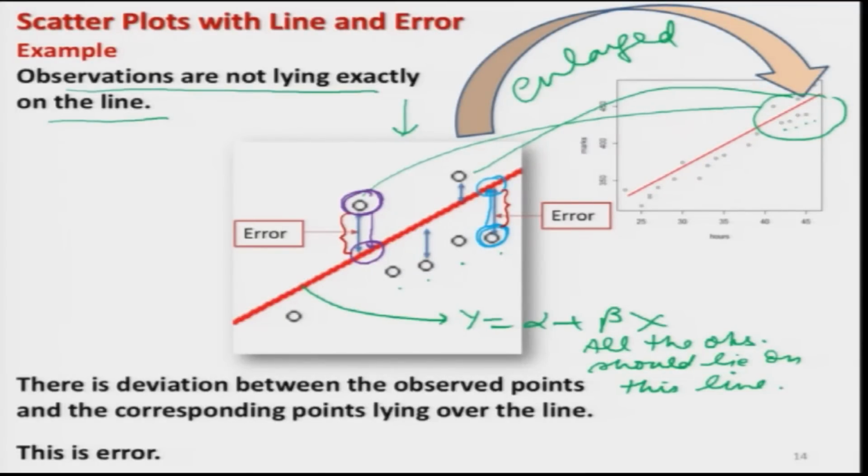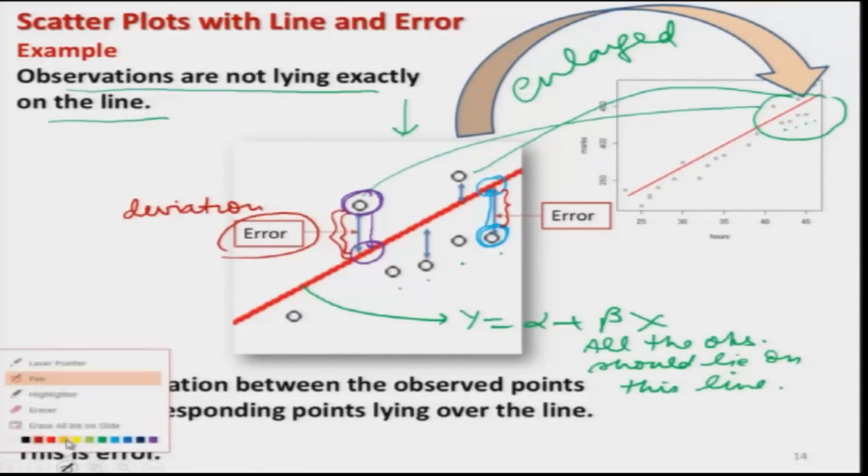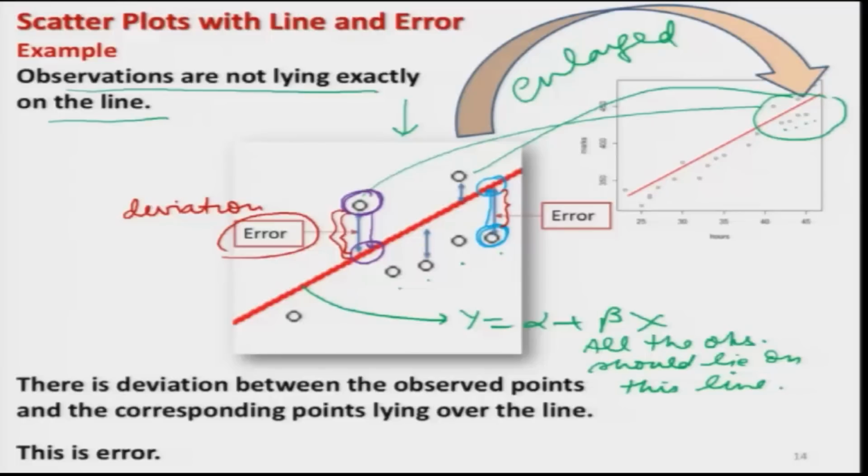And the deviation between this point and this point indicated here is a sort of error which is happening in our approximation, right. Similarly, you can see here that in all other cases also there is an error here, the error is here, error is here, error is here.